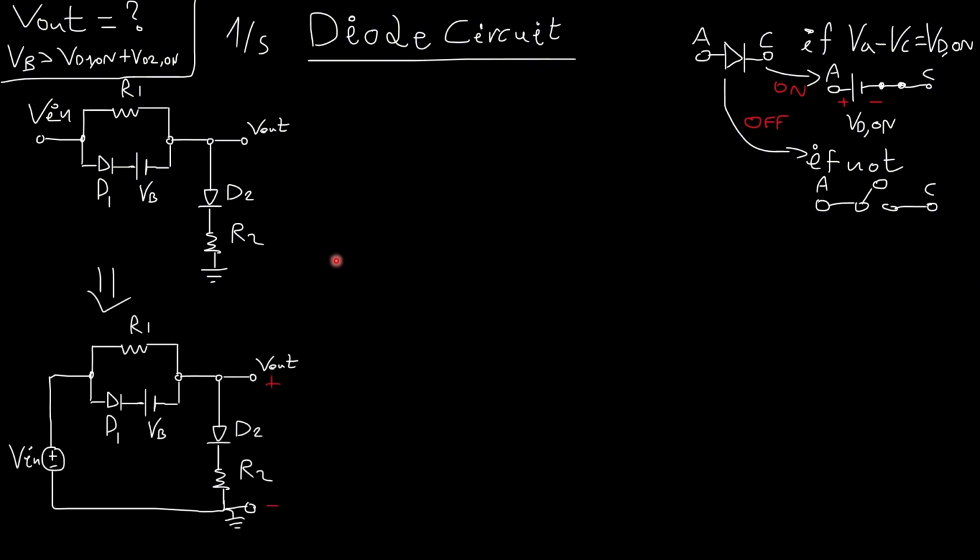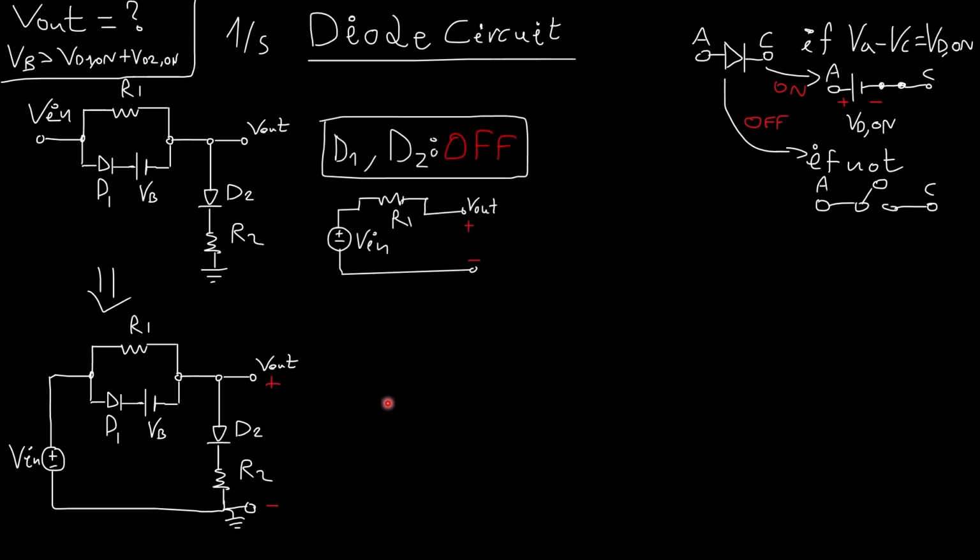First of all, I'm going to write this circuit like this. I'll say, what if both of these diodes were off? What if this diode and this diode were off? Well, if these diodes were off, I would not have a closed circuit, alright? An off diode means that the device is an open circuit.